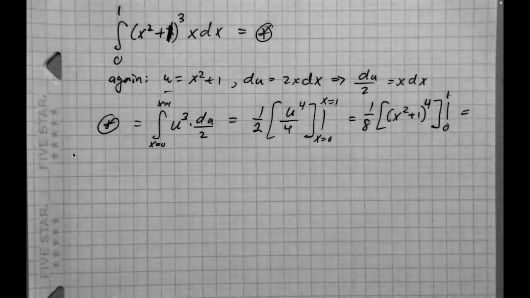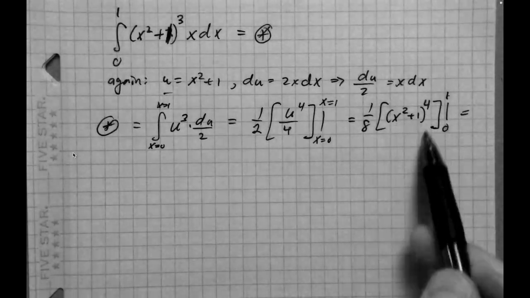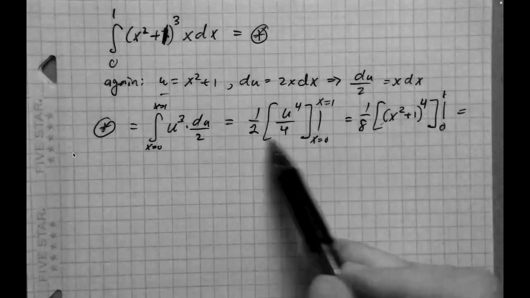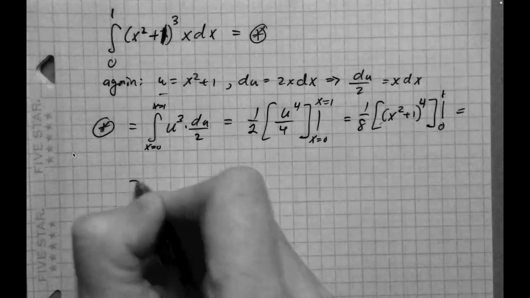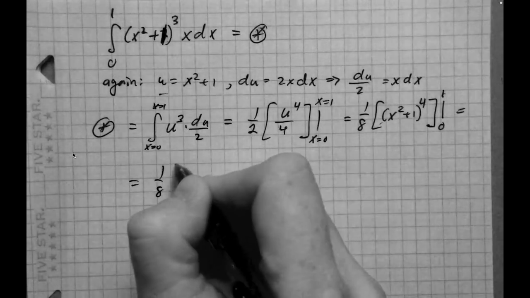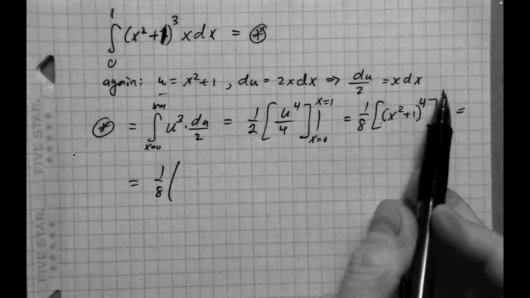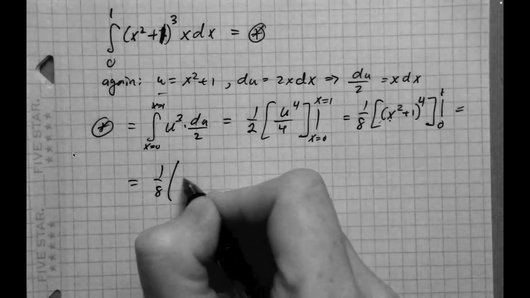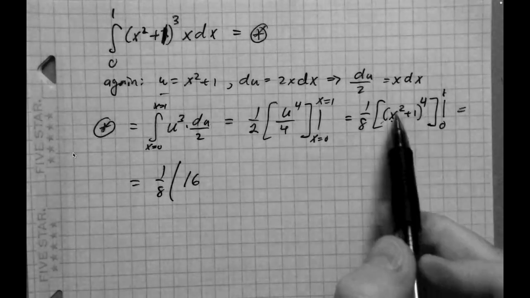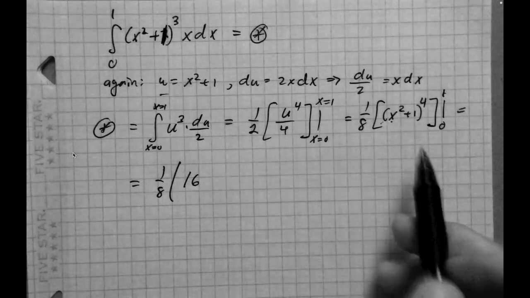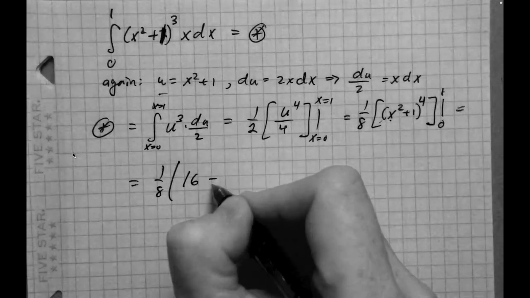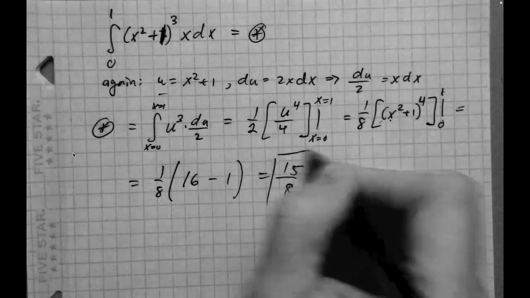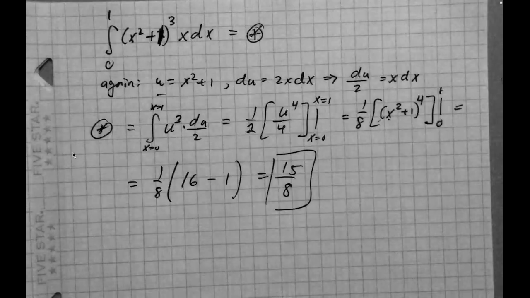Once you convert back to x, then it's fine to just write this as 0 and 1, so long as you know what you've done here. And then 1/8, and you could just evaluate this directly. 1 squared plus 1 is 2, 2 to the 4th is 16, and then 0 squared plus 1 is 1, 1 to the 4th is 1, and you get the same answer, 15 over 8.